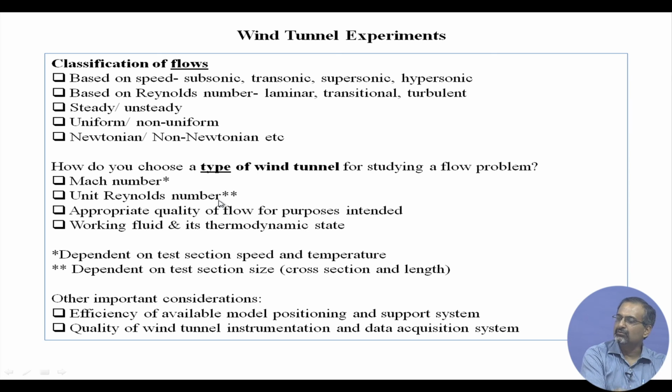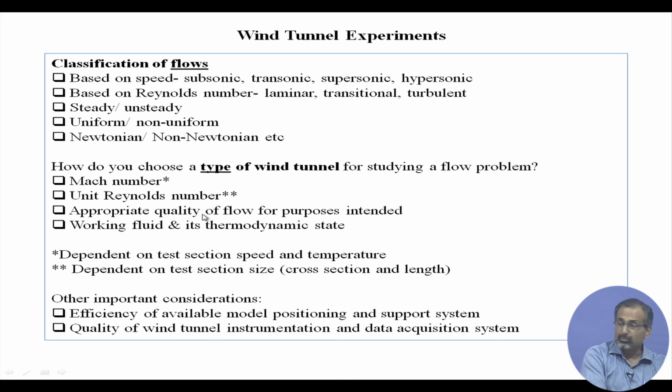That means if you assume that the characteristic length scale is unity, say 1 meter, then what does the Reynolds number come to? Because your Reynolds number definition in that case is not dependent on a specific characteristic length, which may vary from one flow problem to the other, from one model to the other. So, that is a more generalized way of looking at the problem, that what kind of unit Reynolds number range your model can cater to.